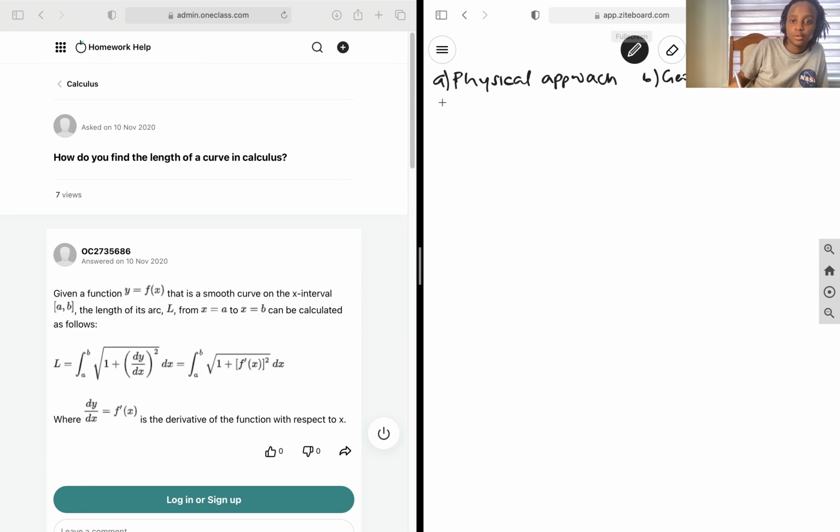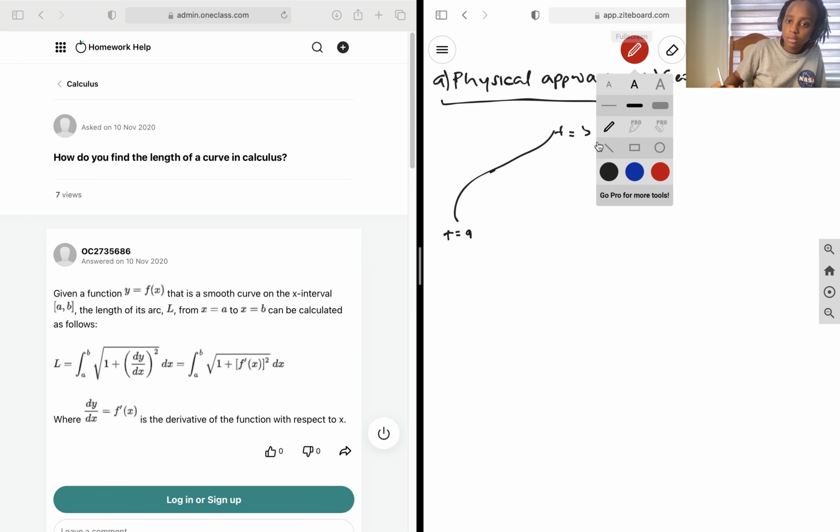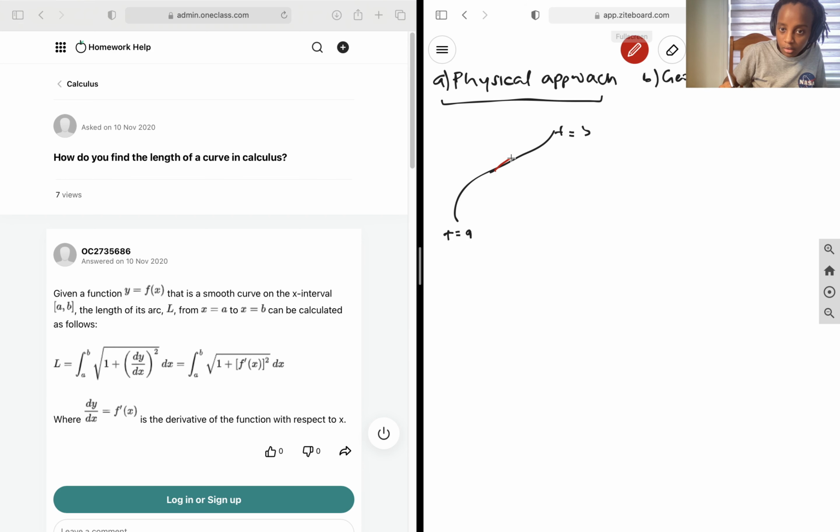Okay, so for the physical approach, let's imagine a curve. And it starts at t is equal to a and ends at t is equal to b. Let's imagine a small segment of that curve here.